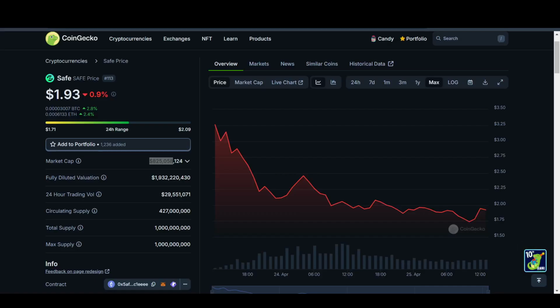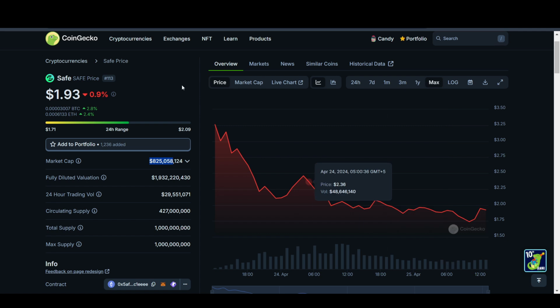As for the price prediction and price analysis, we don't have any price analysis because the coin actually launched recently, so it is hard to say. It does not have any prior history, so we can never know where its support is and where its resistance is, but it does have a resistance around $3.26.